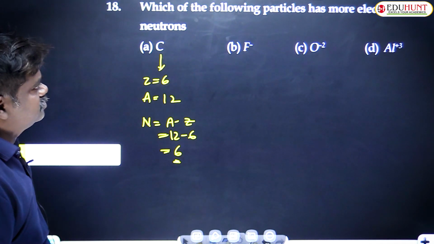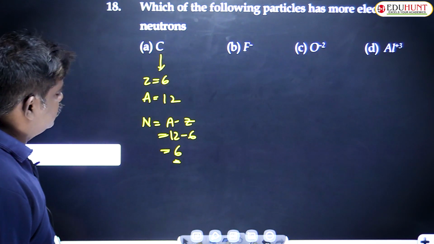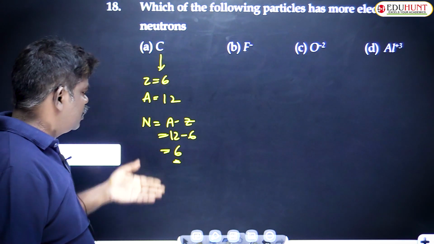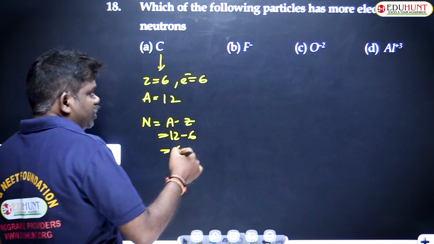So both are equal. If atomic number is 6, then number of electrons is 6, both are equal.